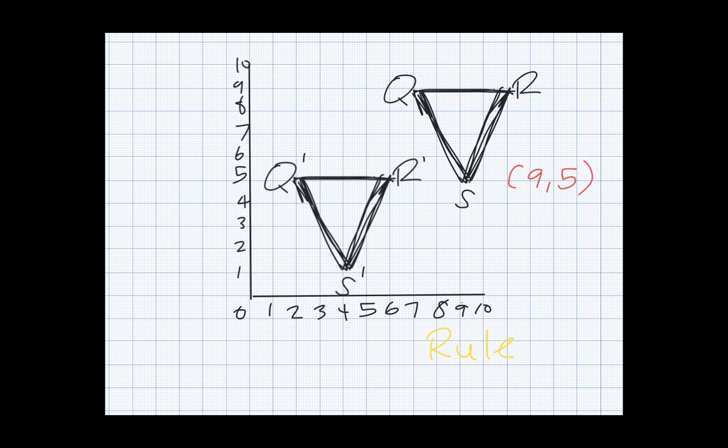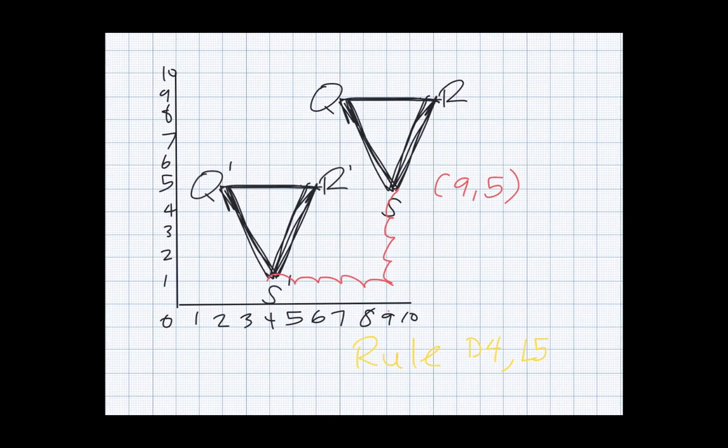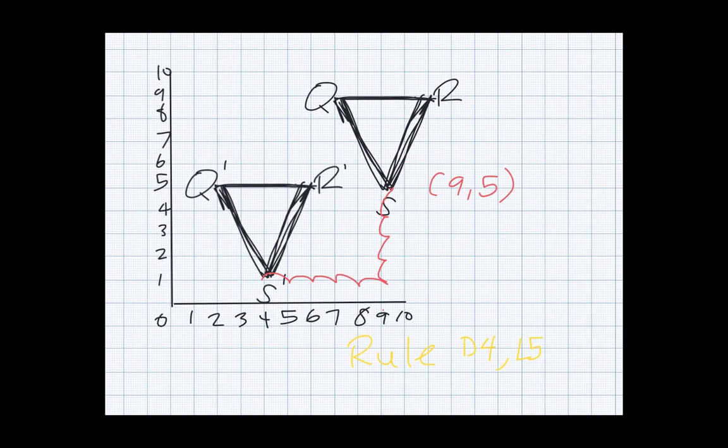I just need to know that I'm going 1, 2, 3, 4 down. So the rule would be down 4, and then I'm going 1, 2, 3, 4, 5 left. Left 5. Can you guys see that? Let me see if I can move the whole sheet. There we go. That must be so much easier for you all.